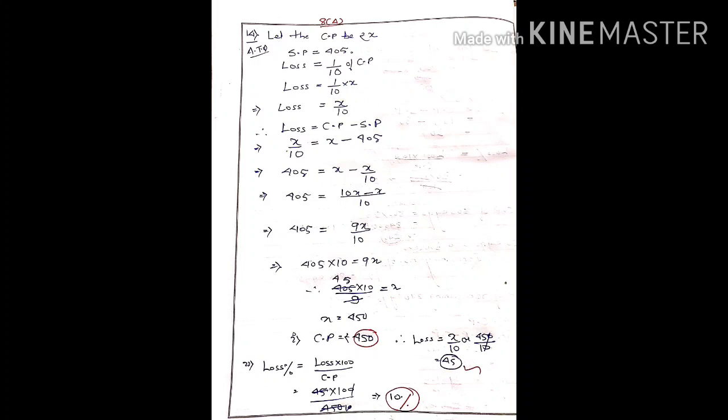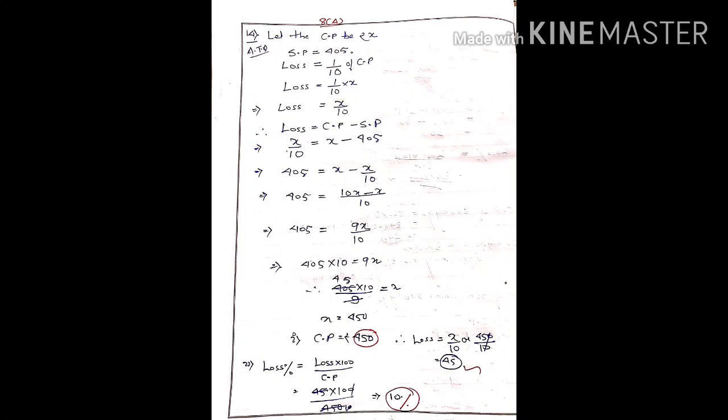Those who don't know calculation, look at here, take LCM, do plus minus variables together. X is what? Cost price. Cost price is 450 rupees. From this we can find loss. What is loss? X by 10. X is 450, so 450 by 10, 45. So loss is 45 rupees.